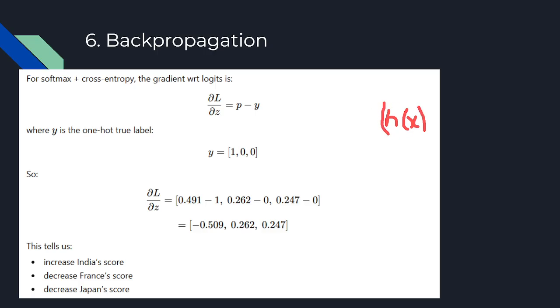And H is the one governing the Z over here, and Z is the one governing the loss function. So the input vector governs the context vector, which governs the logits vector, which governs the loss function. This is how the loss is computed.